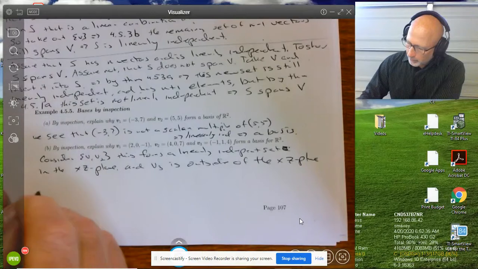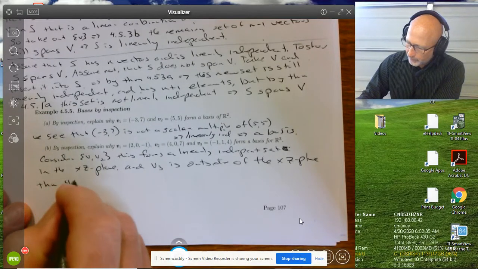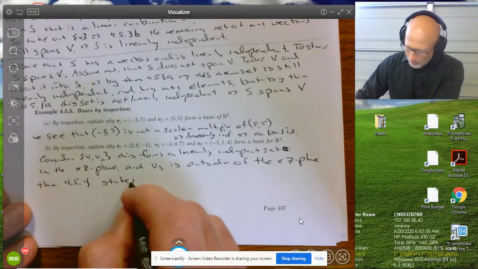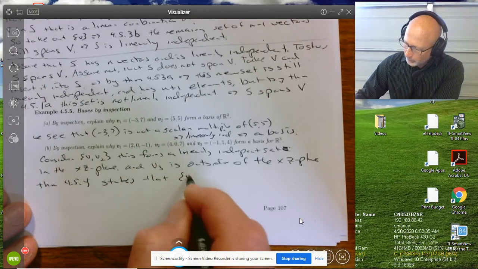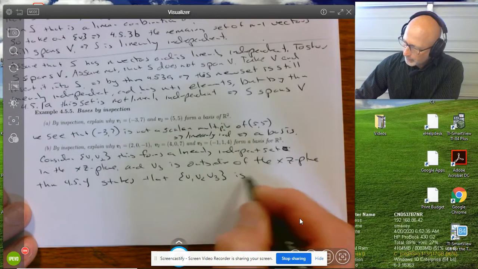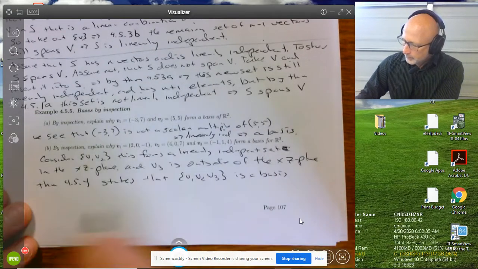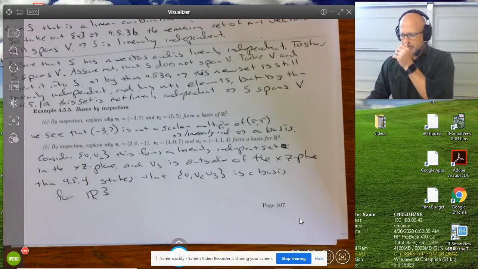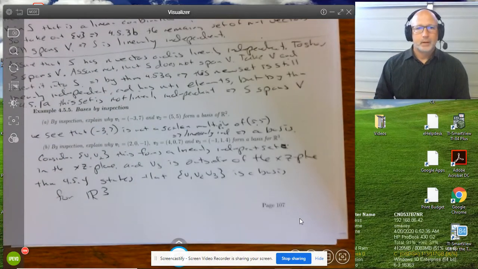Okay, so theorem 4.5.4 states that v1, v2, v3 is a basis for R3. Okay, and then that's it.